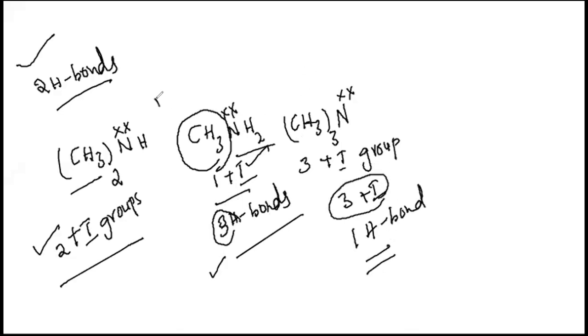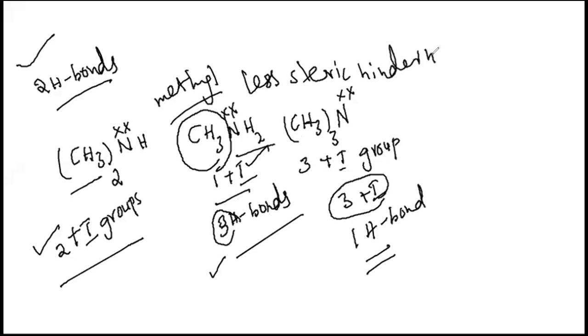A methyl group shows lesser steric hindrance when compared to higher alkyl groups. Suppose you take C2H5, its effect will be more when compared to CH3. The CH3 effect will be nil.